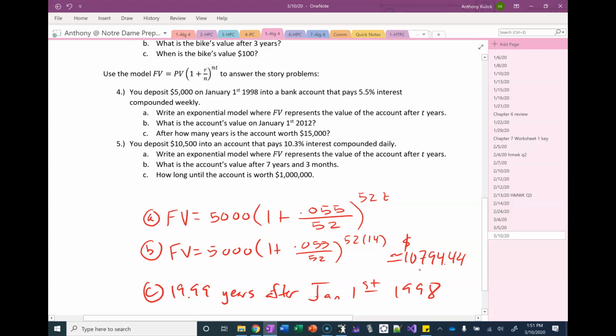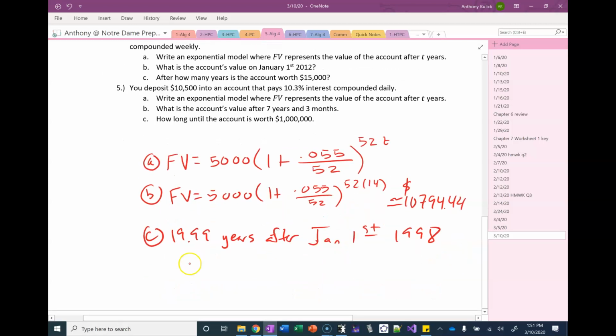So I should probably say, be specific there, 19.9 years after January 1st. Or approximately, what, in 2018, right? It's basically 20 years.